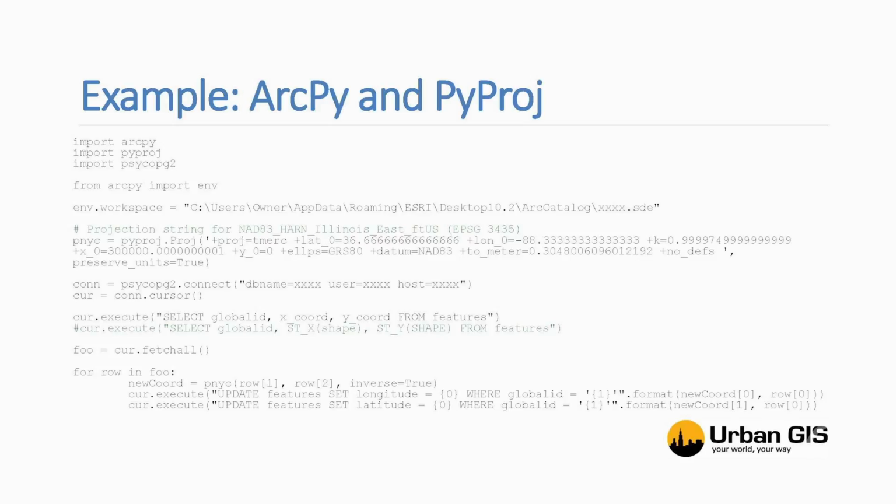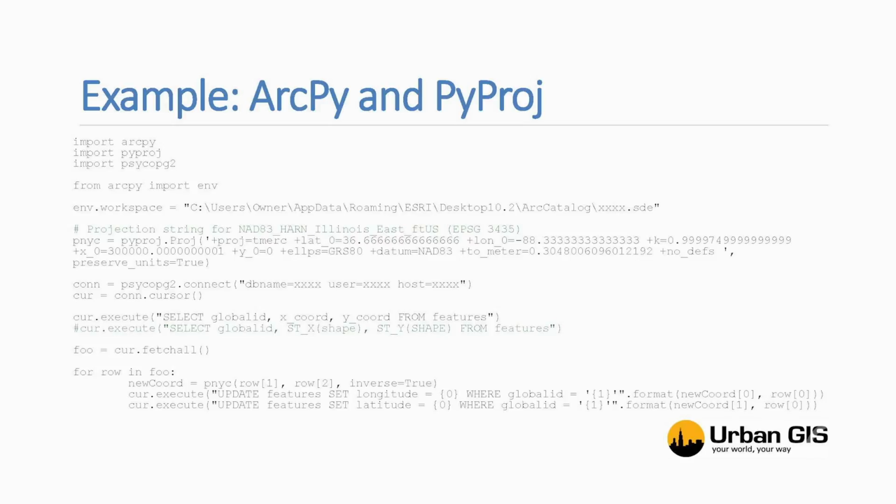I don't know how much detail to go into, but you can see here that I have my projection string, which translates me from the geographic projection system into the NAD83 projected space.